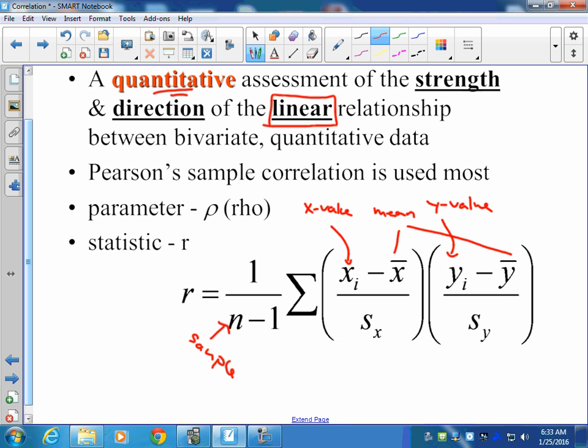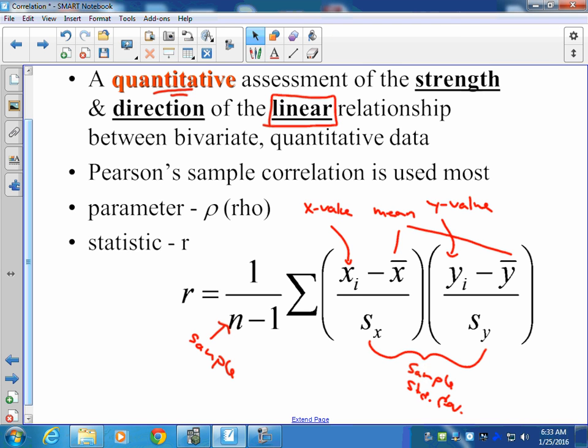And then the sample standard deviation for x and y, that we also need to make this calculation. So this is a fairly intensive calculation. You don't have to do it too often, but we do want to understand how the calculation is made over time. So let's take a look at an example.